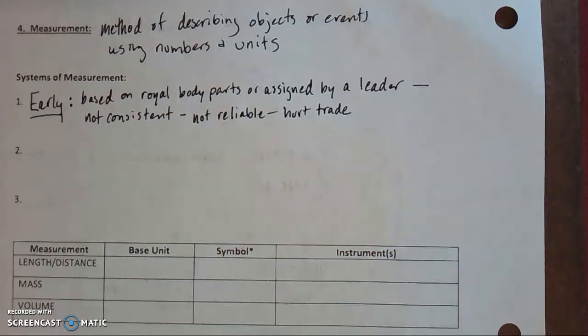So people started to think, as more and more people traded, we need a system of measurement that is a little bit more consistent, that we can rely on, that a pound here and a pound there, or an ounce here and an ounce there are going to be the same measurement, and people don't feel like they're getting cheated.